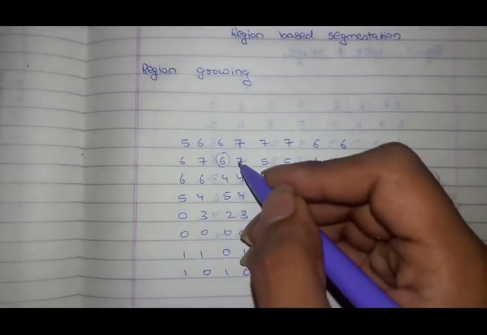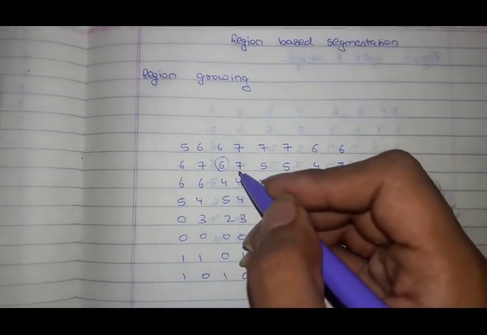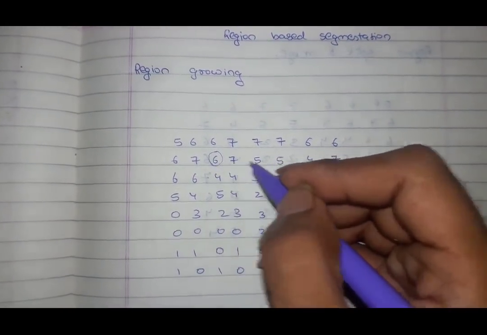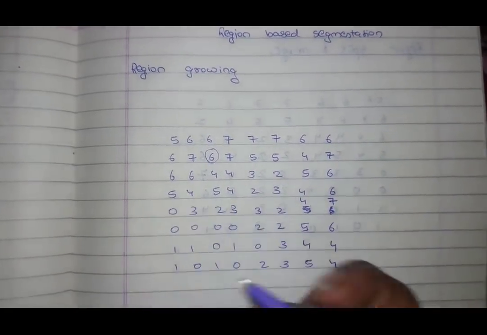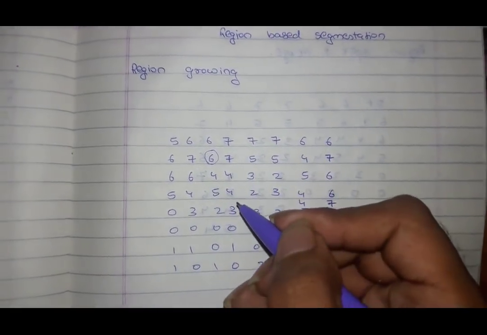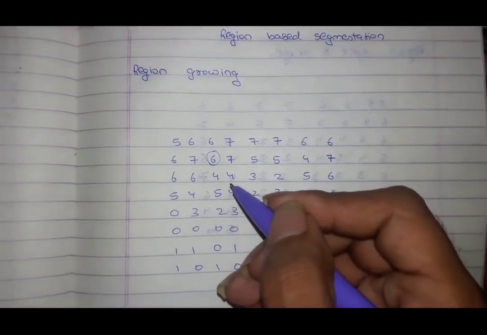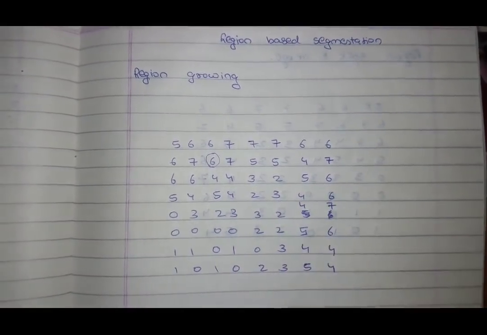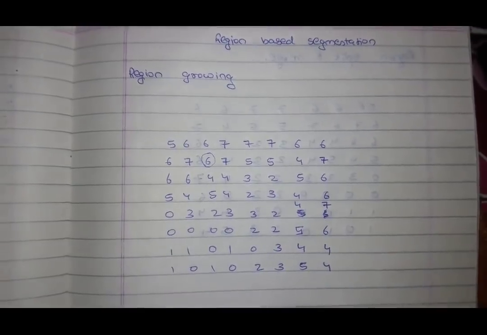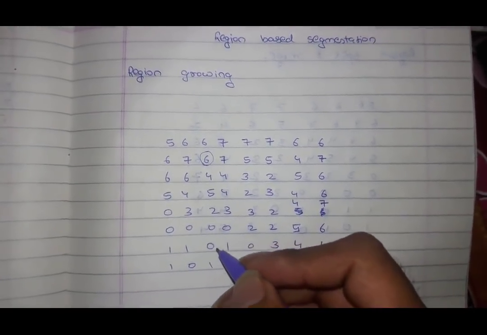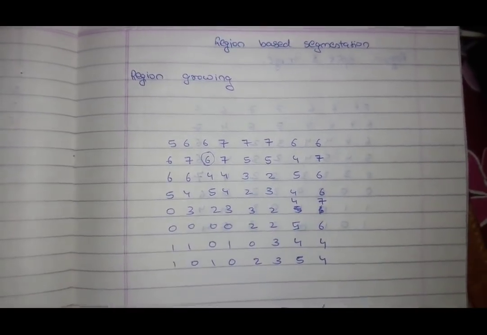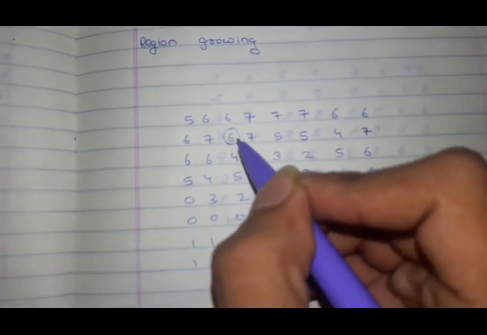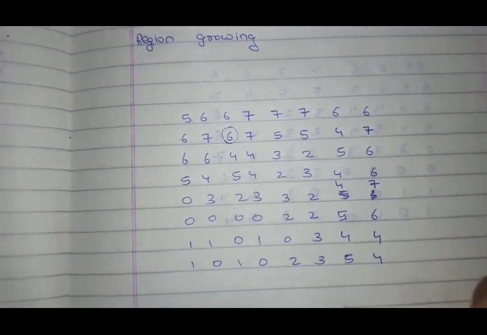Here you can see that 7 is the maximum value, so you can assign 7 or 6 or 5. Don't take values that are in the middle, like 3 or 4, because they might give you a different answer. You can also take a seed point, say 0 or 1, your wish. So here I have considered the seed point as 6.